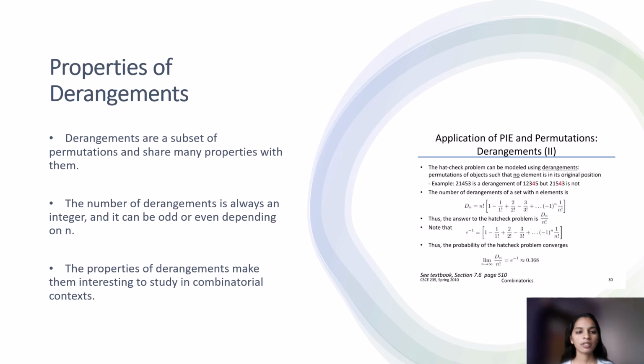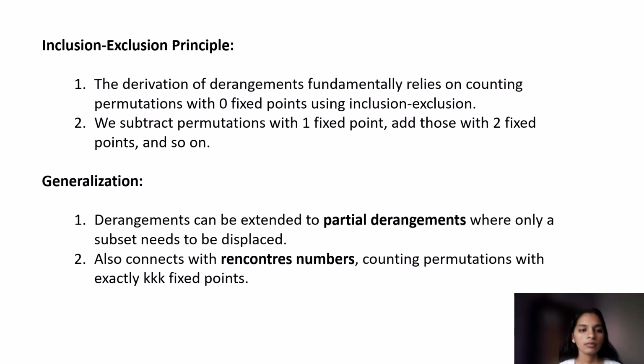Properties of derangements. Derangements are a subset of permutations and share many properties with them. The number of derangements is always an integer and it can be odd or even depending on n. The properties of derangements make them interesting to study in a combinatorial context. Inclusion and exclusion principle: the derivation of derangements fundamentally relies on counting permutations with zero fixed points using inclusion and exclusion.